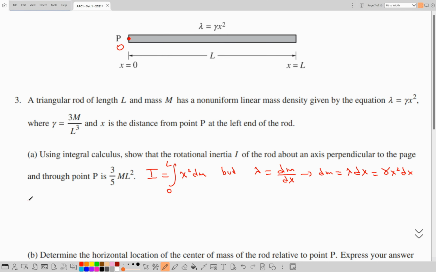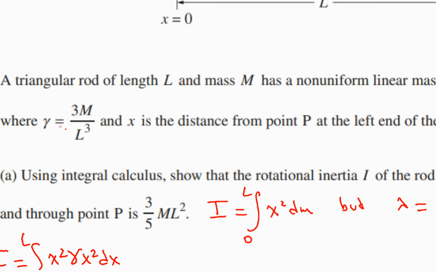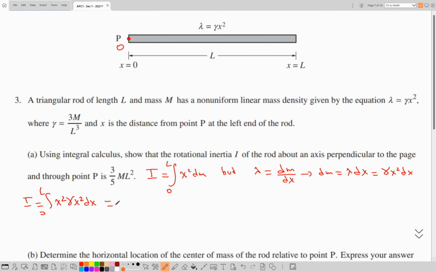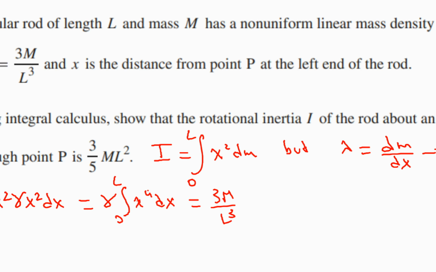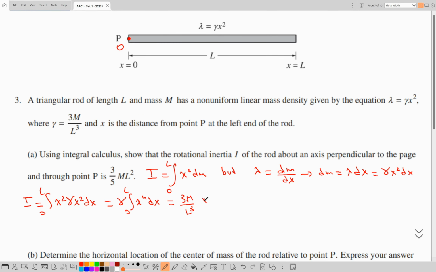So now we can rewrite our integral as I, which is the integral from 0 to L of x squared times gamma x squared dx. Gamma is a constant which depends on this, we can drag it out, and that would be gamma times the integral from 0 to L of x to the power 4 dx. Now gamma is given by 3M divided by L cubed, and the integral of power 4 would give us power 5.